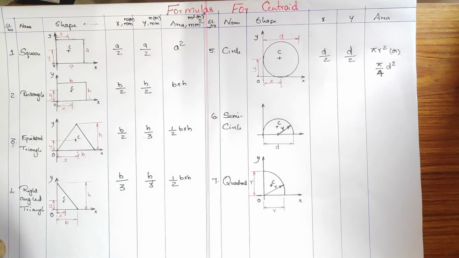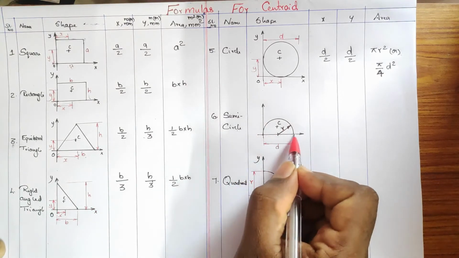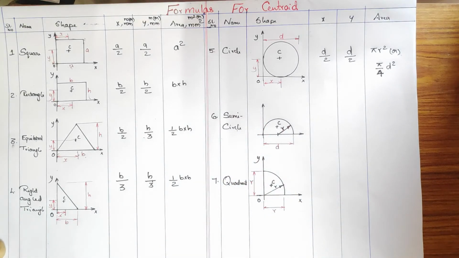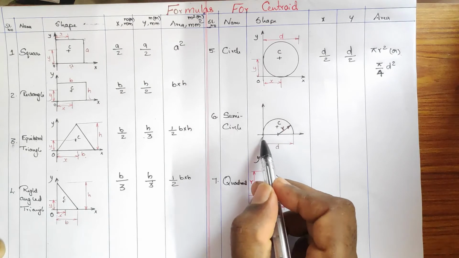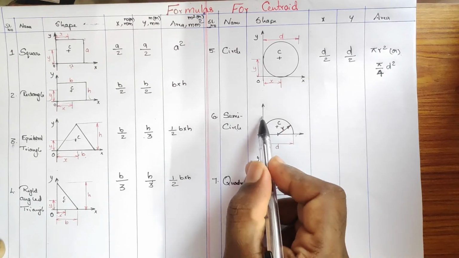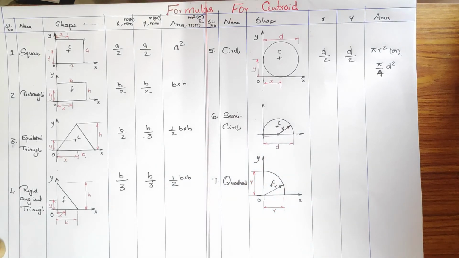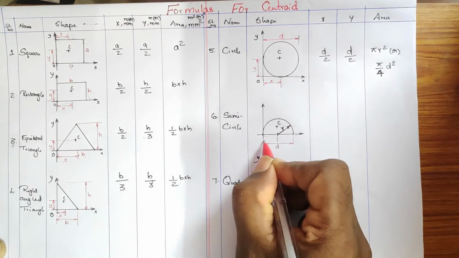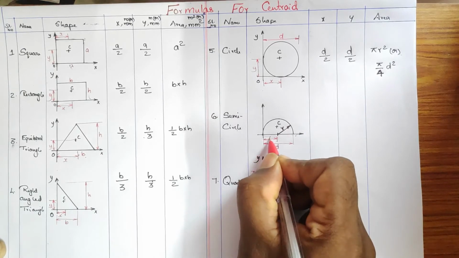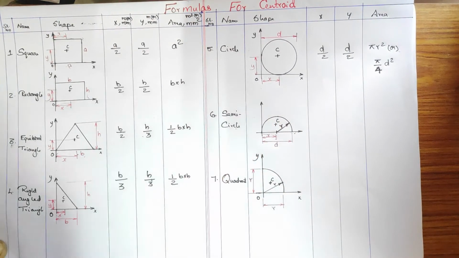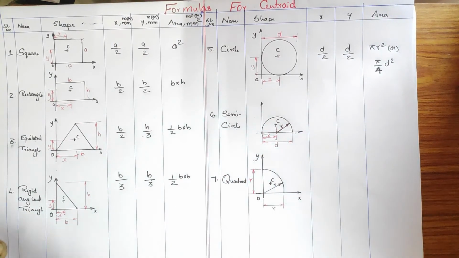So now here it is the x direction and here it is the y direction. Keep it in mind, in the x direction we have the full diameter, and in the y direction we just have the radius measurement alone. So when you pick the centroid in the x direction, we have the full length of diameter, right?